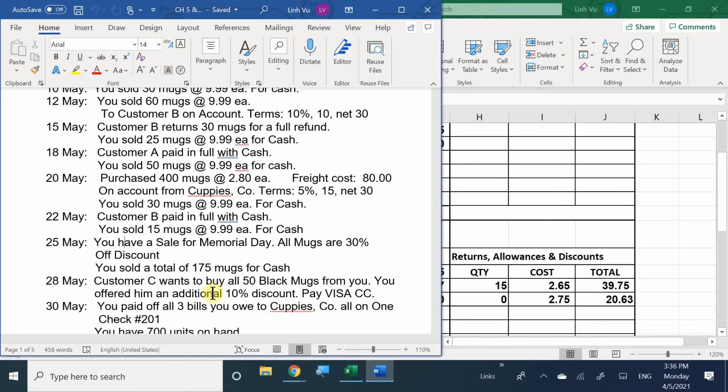But it doesn't say what amount. It just says cash. Okay, well, what is the original selling price? What have I been selling the mugs for? Oh, for $9.99. Yeah. But because we get a 30% discount, are we really collecting the $9.99? No. No. So let's go ahead and take a look at this.